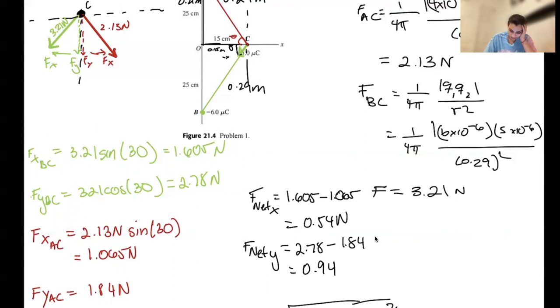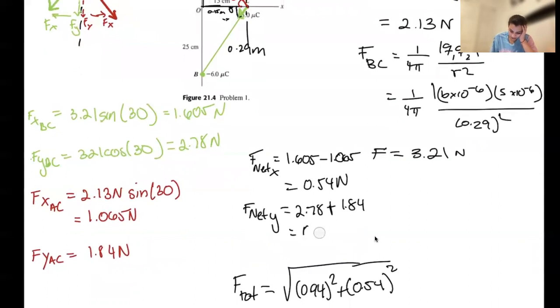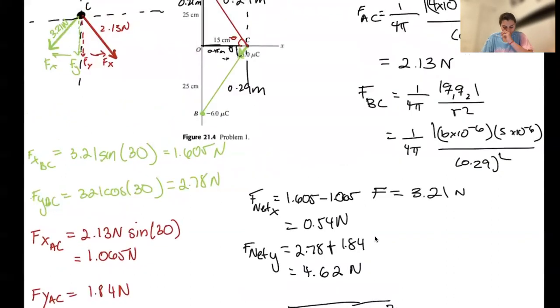Oh, wait, this is an additive force. This you add. I apologize, I'll fix it now. 2.78 plus 1.84 is 4.62 newtons. So why am I adding it?